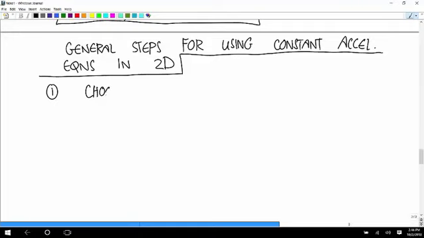So we had to choose those 4 things, and we still have to choose the time equals 0 instant and the time final instant. And then the other two are choosing a zero position and a positive direction. What do you think those are now in 2D? That's right, exactly.